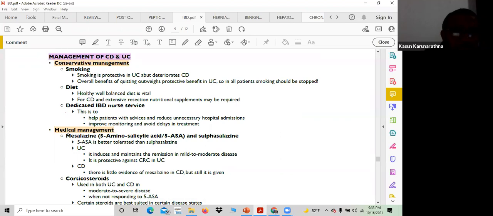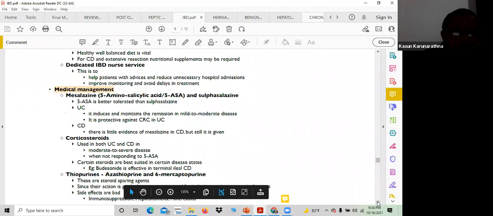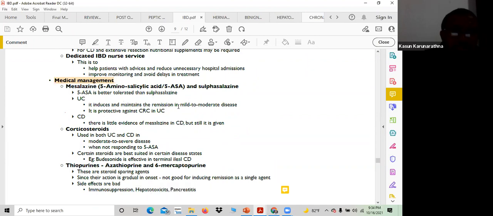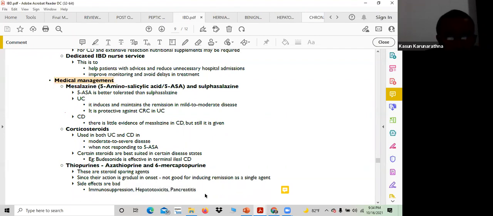The diet, then the proper education, medical management is mesalazine and sulfasalazine, right? It induces and maintains the remission in mild to moderate diseases. It is protective against colorectal carcinoma in ulcerative colitis. So it is a drug you use in initial period, and you give steroid to get the remission, but you start the sulfasalazine as well at the same time.